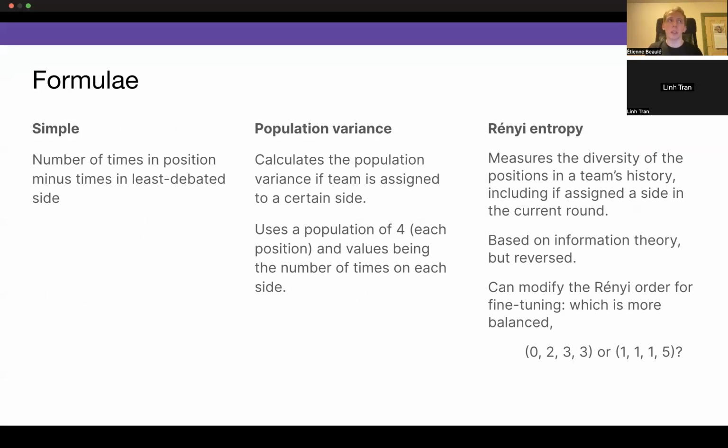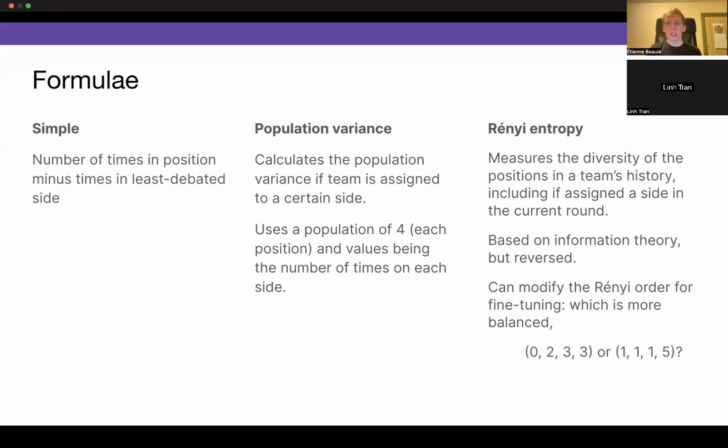So if a team has been in OG 5 times and the minimum was zero, the simple formula would say there'll be a penalty of 5 if they're reassigned to OG.